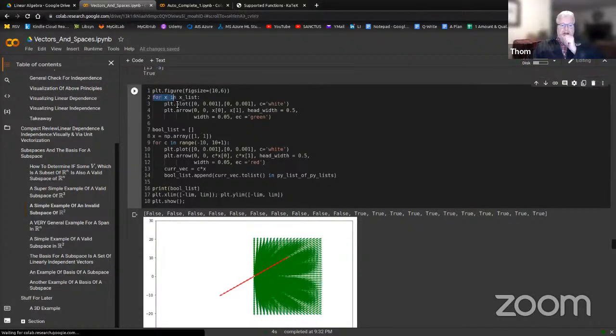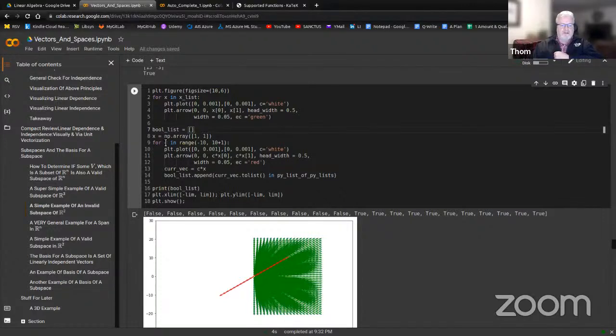First, I just replot all those vectors again, our finite span. And then I'm going to create this Boolean empty list. And I'm going to set up this vector I want to see: will this stay in this subset S if I multiply it by any value C?